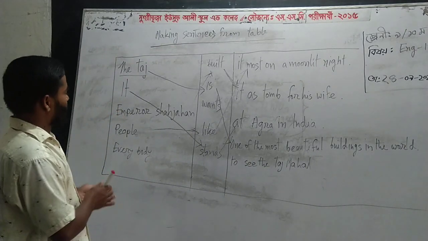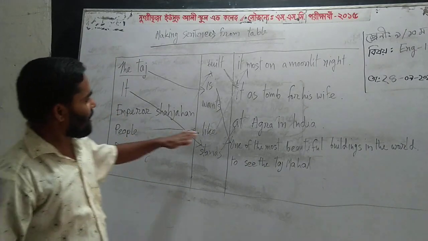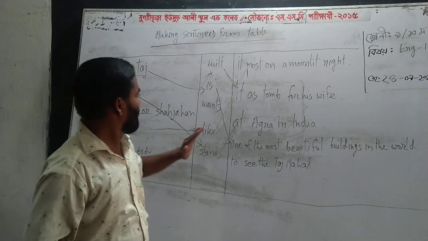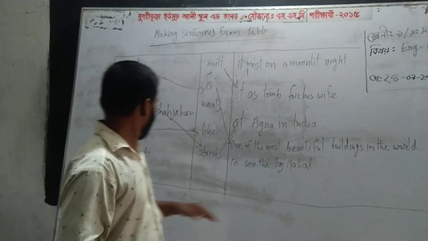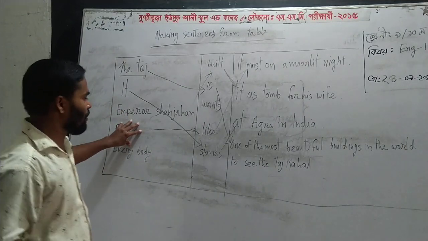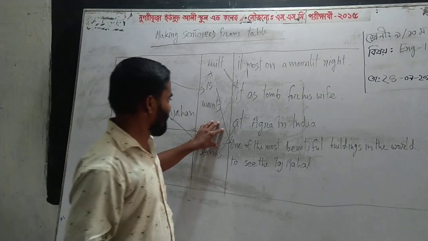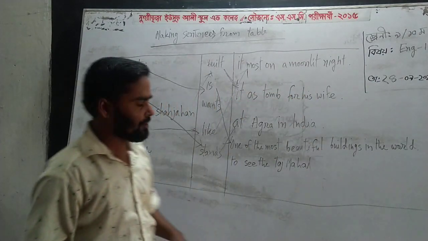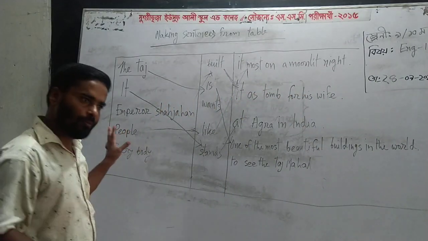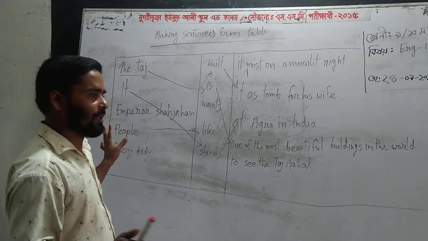So this is the subject, people; this is the verb, like; then the object, to see it most on a moonlit night. So sentence number 4 has already gone.